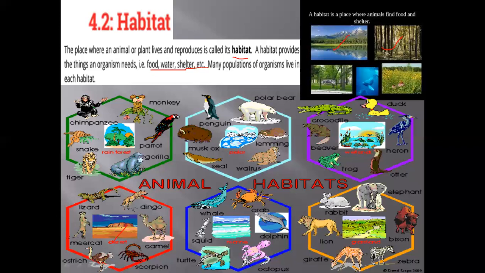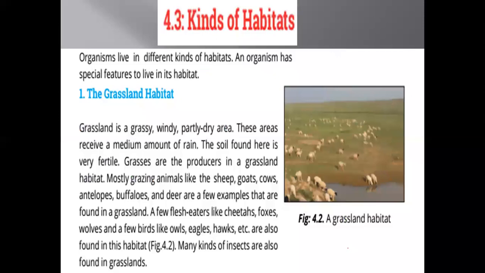That can be a desert habitat or desert ecosystem. That is marine. In marine, different kinds of animals live over there, and in grassland there is grass, with very little heighted plants over there, so that is a grassland habitat.